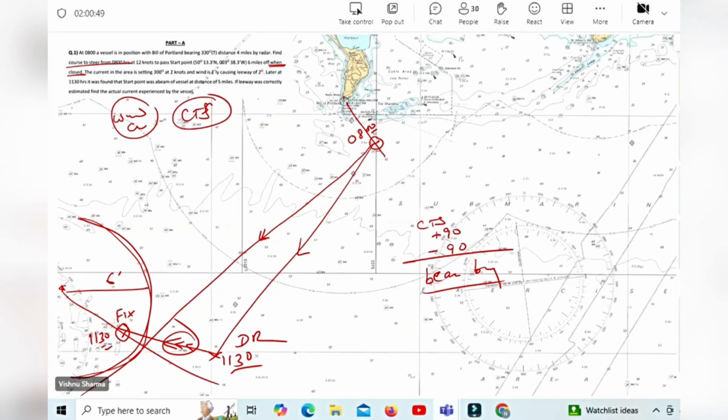Am I right, guys? So this has to be the effective course here. This will be the effective course to get this position. This is not called a DR. You don't call it a DR. This is the position at 11:30 allowing for wind, and from here to here, the current would be taking you.